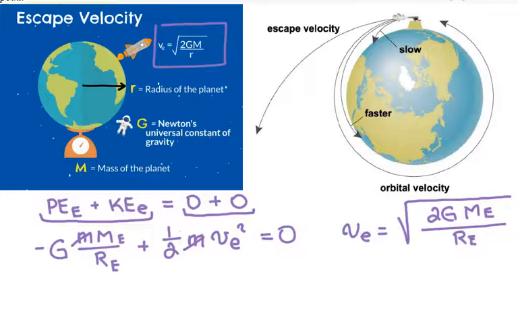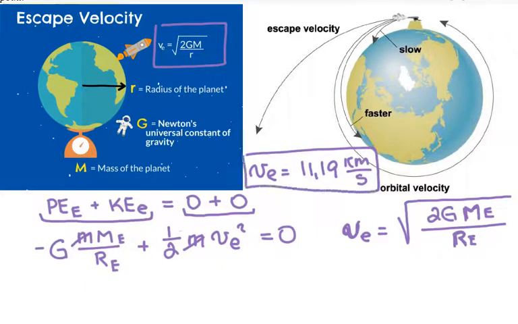Escape velocity for each planet is different and depends on the mass and the radius of the planet. For instance, the escape velocity of Earth is 11.19 kilometers per second. If you can launch something at a velocity of 11.19 kilometers per second, it will escape Earth's pull. If it's too slow, it will land on the planet.